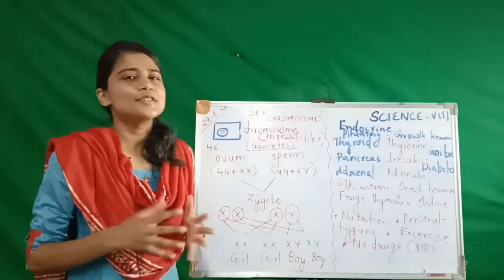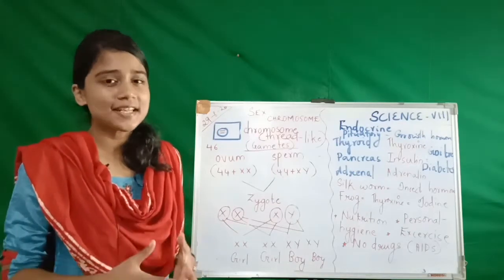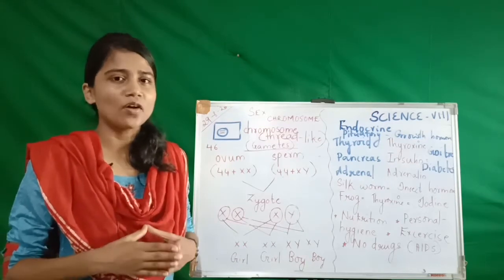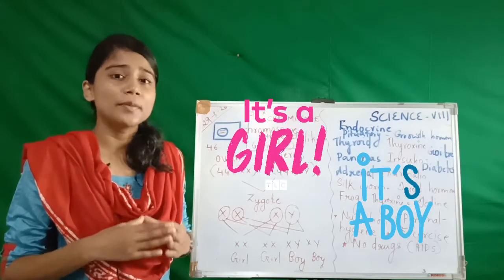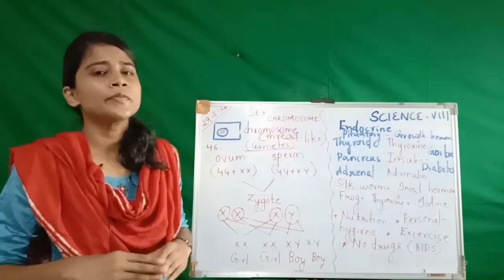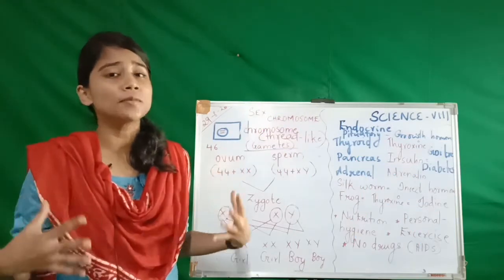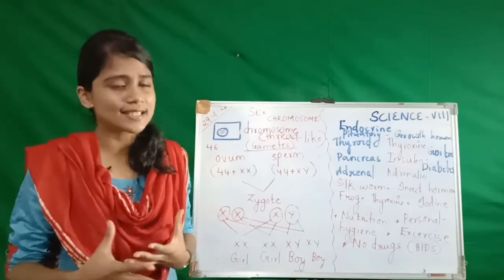Hi guys, today we are going to start with an interesting topic, that is how to determine the sex of a baby, or how do we know whether a baby is a boy or a girl. Before that, we have studied in small classes that a human body is made up of different cells.